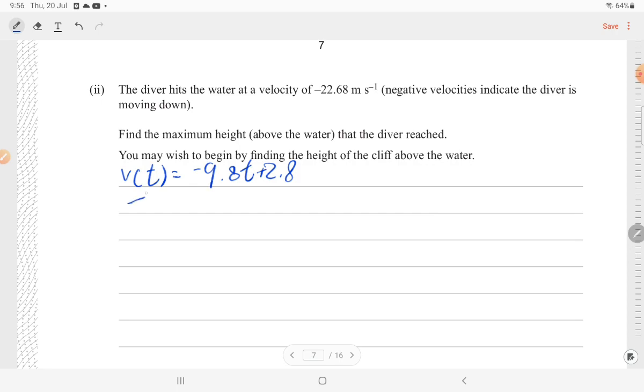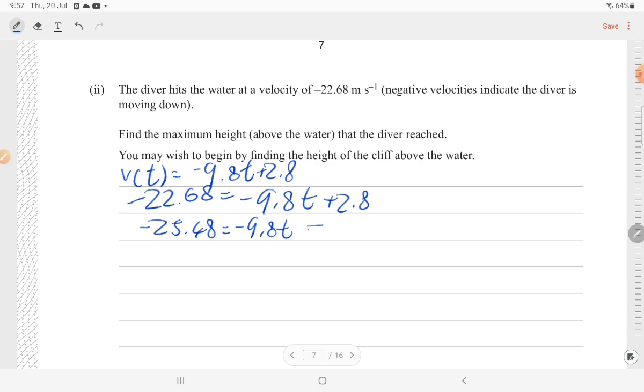So negative 22.68 is equal to negative 9.8t plus 2.8, which gives us 25.48 is equal to negative 9.8t. This means t is equal to 2.6 seconds.